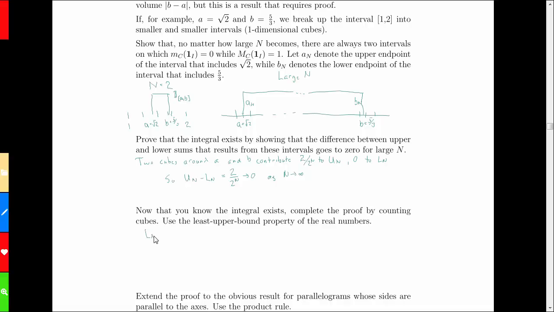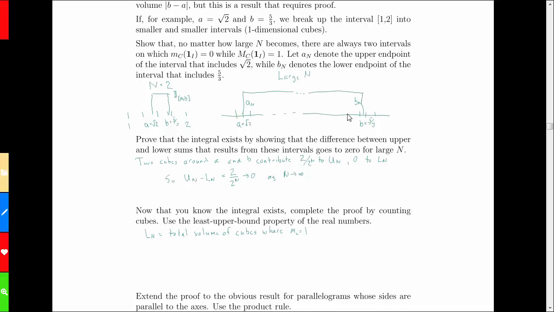I find it a little bit easier to do the lower sum. The lower sum is just the total volume of the cubes where the infimum, m sub c, is equal to 1.